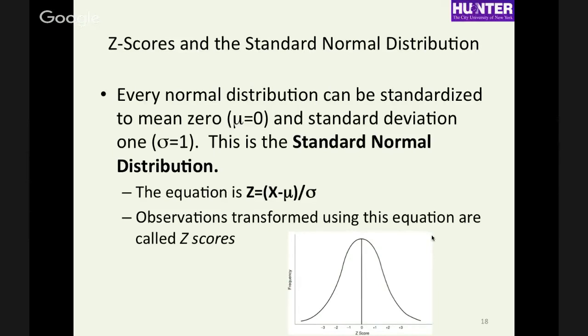We've already been doing some kind of informal switching back and forth between heights in inches and number of standard deviations above or below the mean. Doing that, going towards standard deviations as a unit of measurement, is what we refer to as the z-score, or converting data into z-scores based on the assumption that it's from a normal distribution.